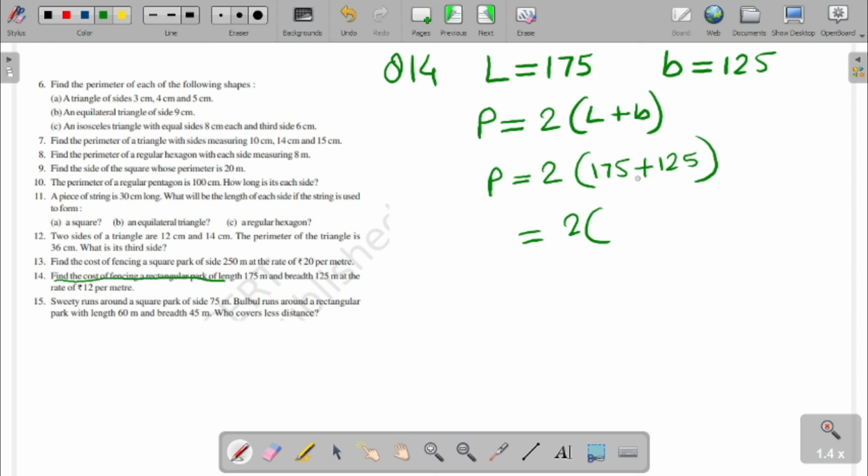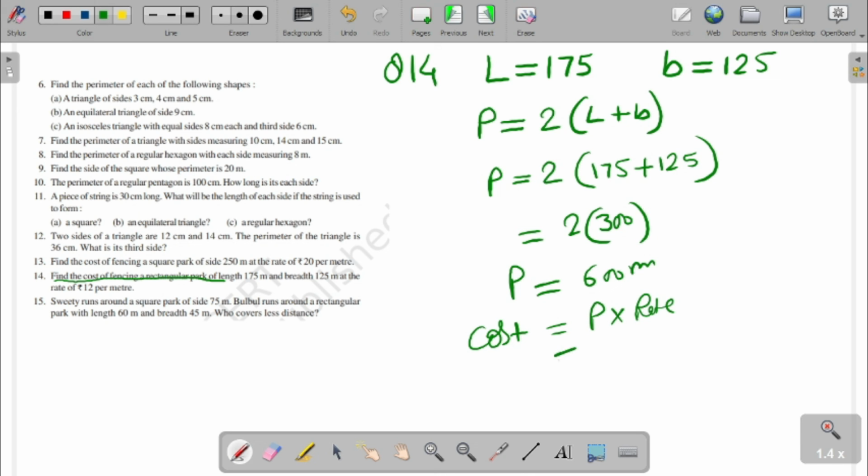If you add them, it will come as 300, or this is equal to 600 meter. This is the perimeter. So cost is equal to perimeter into rate.